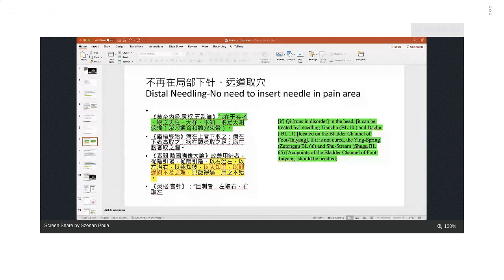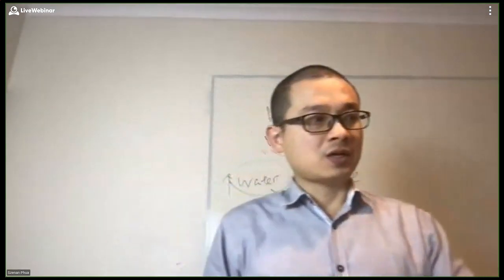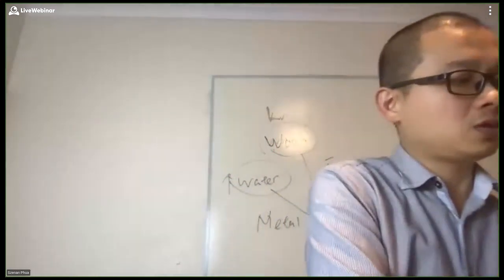What this chapter of the Huangdi Neijing tells us is, if the patient has issues and you diagnose bad energy on the head causing headache or dizziness, and needling over here doesn't work, then needle points over here.